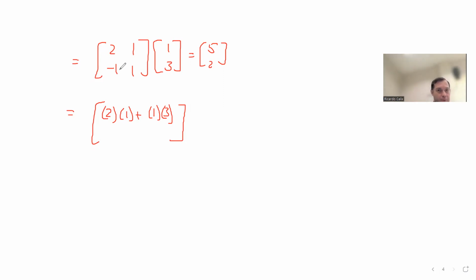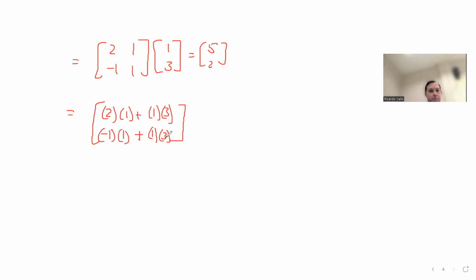So let's do the bottom part. Then I would do [-1, 1] times [1, 3]. So I would do this times that: -1 times 1 plus 1 times 3.